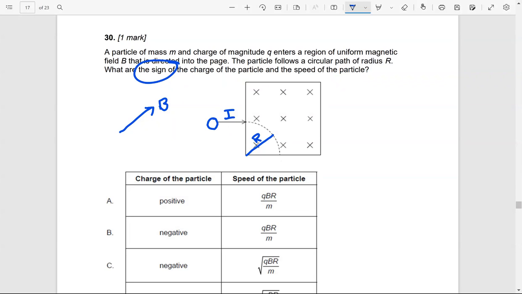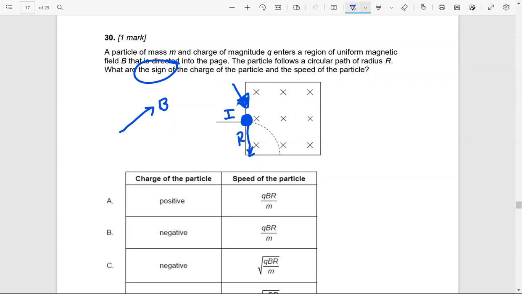Okay, and we can see that the force that's causing it to go in a circular kind of centripetal force, is acting downwards at this point, which is the point where they're interested in. Okay, here. So the force is acting downwards. I'll just clear that up for you so you can see it really clearly.